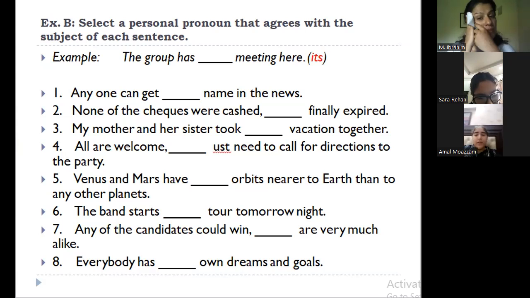None of the checks were cashed. They finally expired. Very good. Number 3. Sarah. My mother and her sister took their vacation together. Very good. Number 4, Amal.